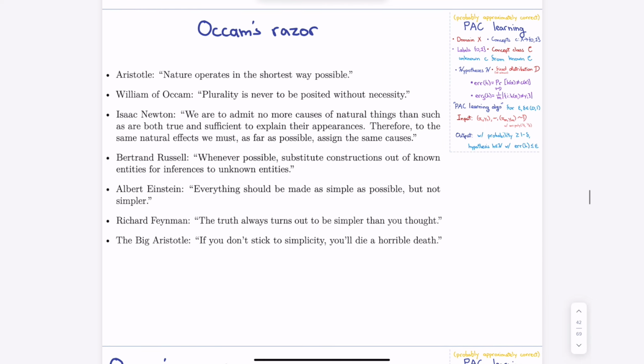Okay. So I guess this Occam's razor principle. This is sort of abstract, but suppose every hypothesis you could choose from can be encoded in B bits. Then how many samples do we need to start getting the same bounds from before?